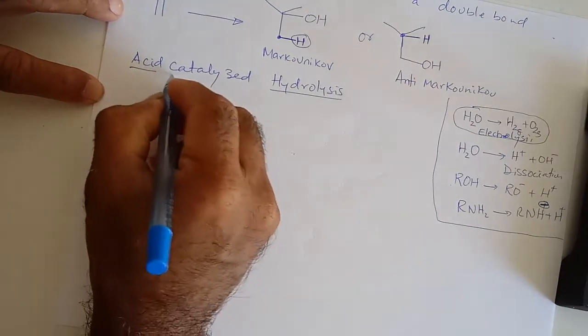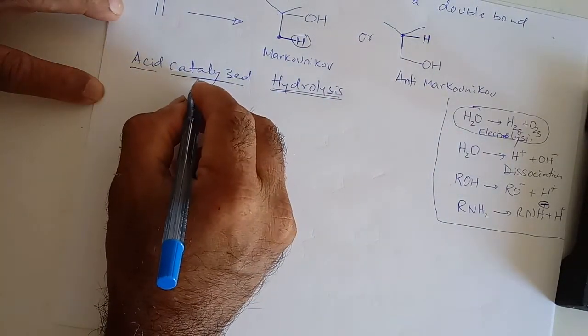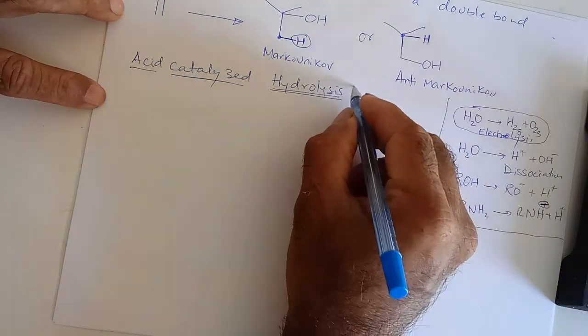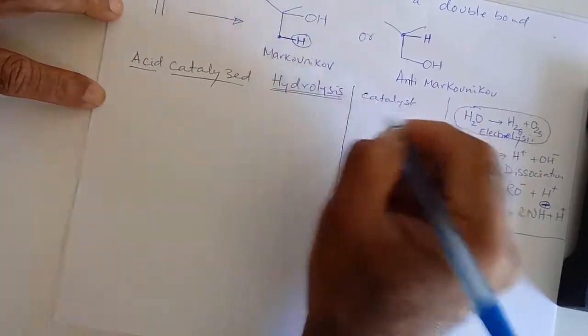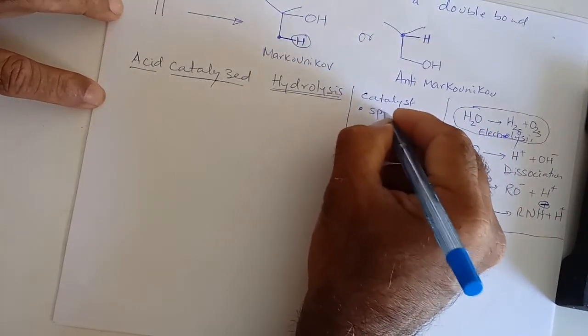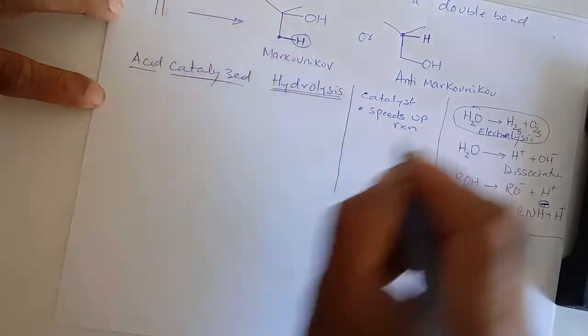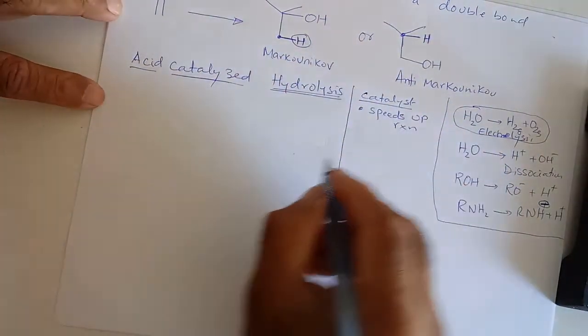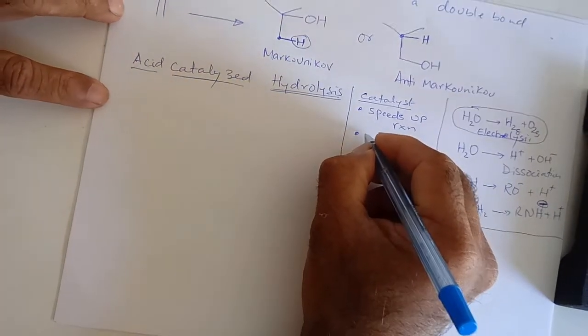Acid, catalyzed, hydrolysis, there are three loaded words. Catalysis, what is the role of a catalyst? A catalyst speeds up the reaction. That's one role of a catalyst. Second and more important role is it should not be consumed.